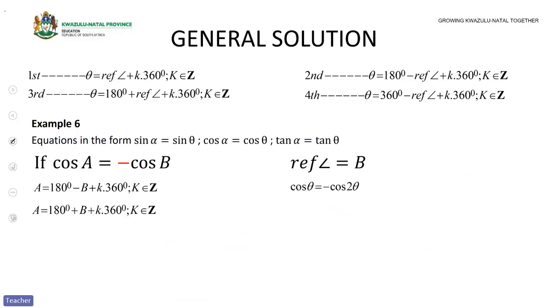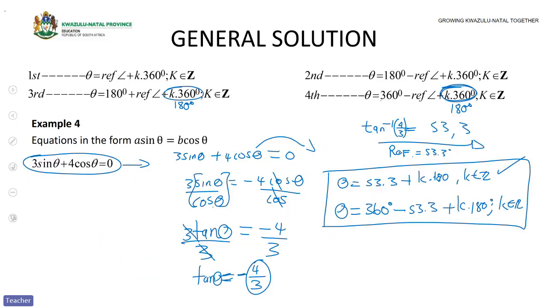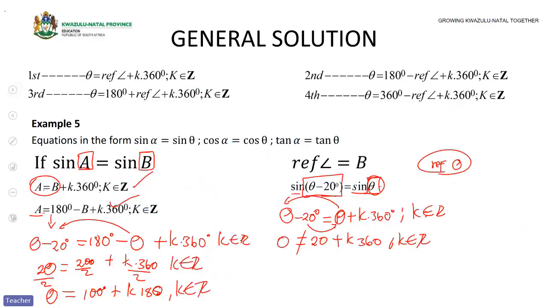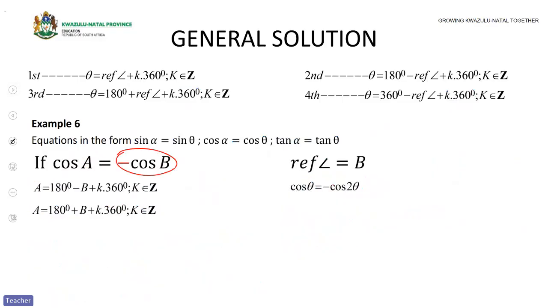Moving to the next one, which is exactly the same as the previous one. But now I wanted to emphasize this negative sign here. It's very important to take note of this one.